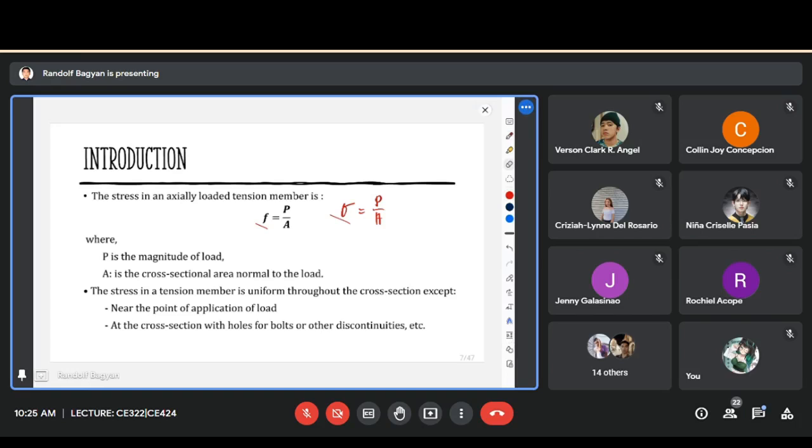Okay, so where P is your load magnitude, or kung ano man yung value ng ating load. Usually in kilonewton, okay, for the unit of force, and A is the area. That is the cross-sectional area that is normal to the load, and it is in square millimeter.